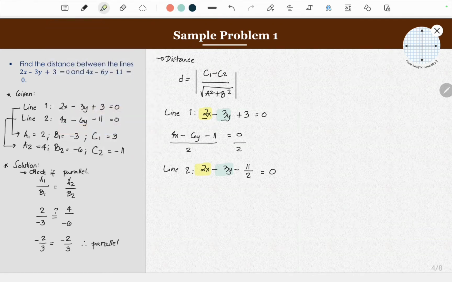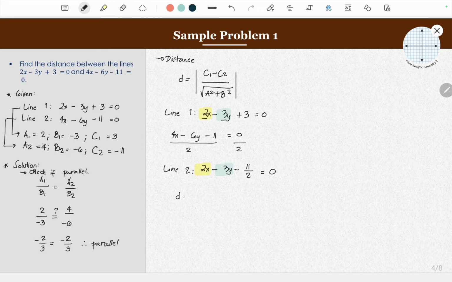And C1 is positive 3, C2 is negative 11 over 2. Again, remember, before you use this formula, first simplify the two equations such that they have the same values of A and B. Since we have already obtained the simplified equations, we can now substitute the values of A, B, C1, and C2 to the distance formula.